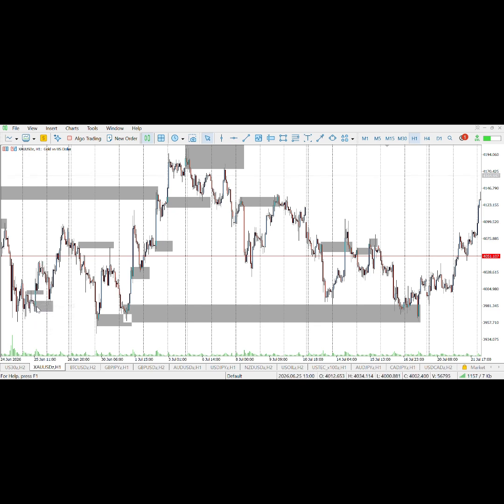You can see it. Then this move came here and it continued. They continued moving up.